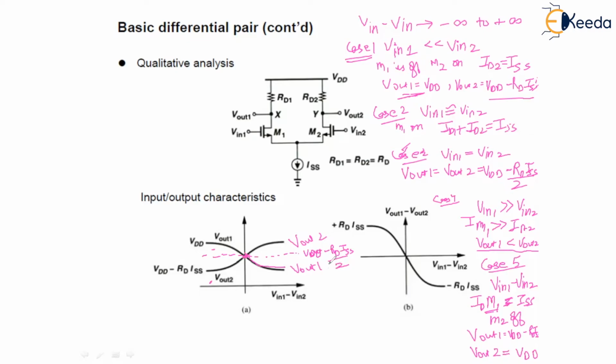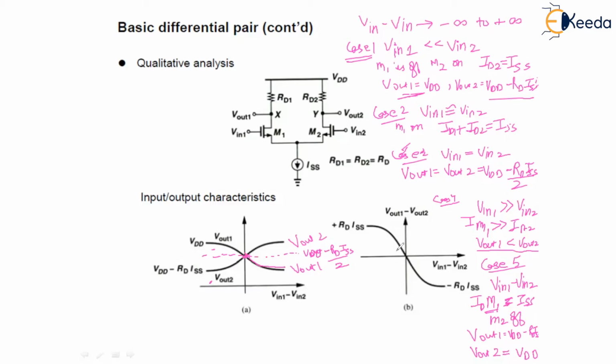We have drawn another here, the differential input-output characteristic of the differential pair, drawing Vout1 minus Vout2 versus Vin1 minus Vin2. Over this, there are two important attributes. First, the maximum and minimum levels at the output are well defined.